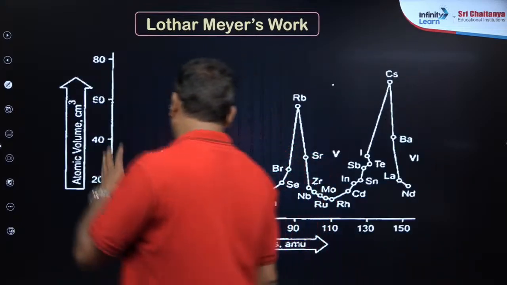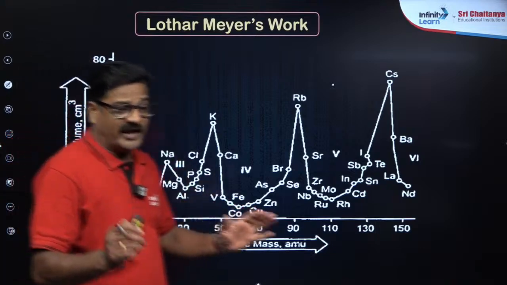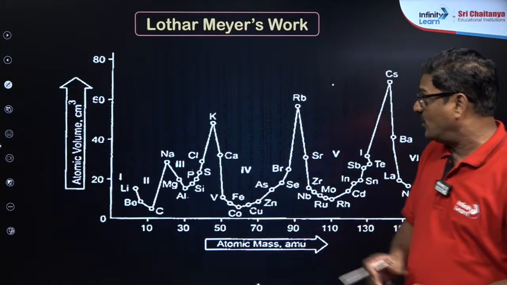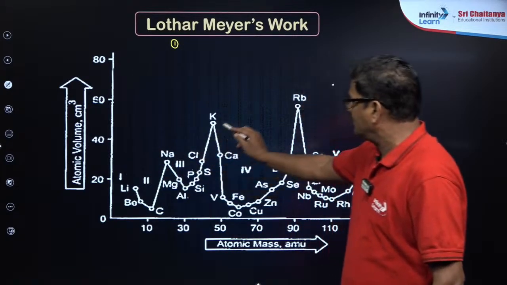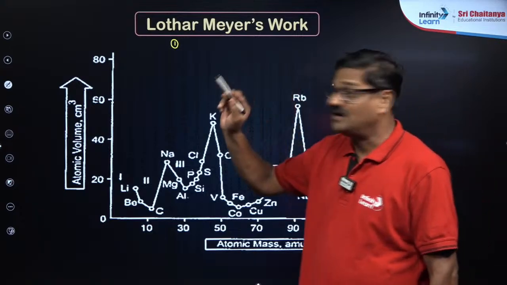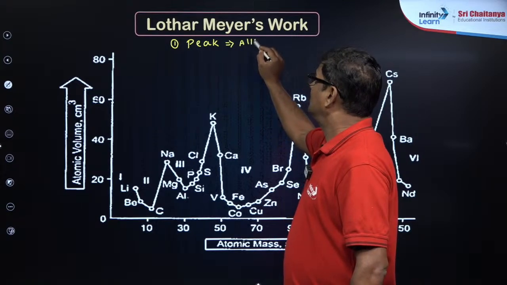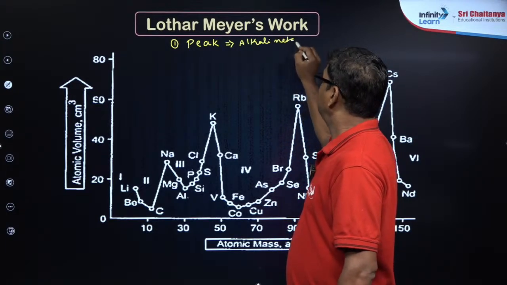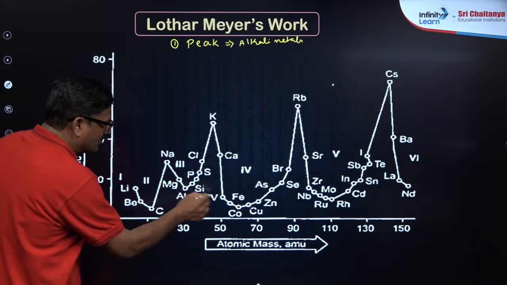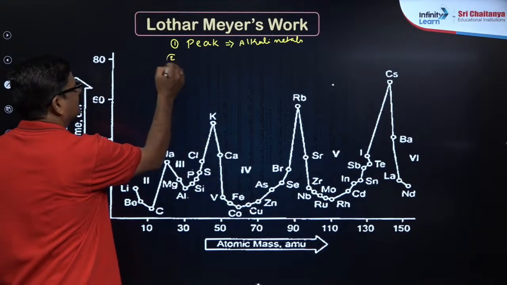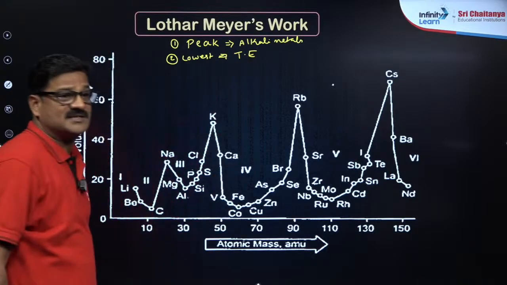When you observe this graph, point 1: the peak of the curve is occupied by alkali metals. And the lowest parts are occupied by the transition elements.